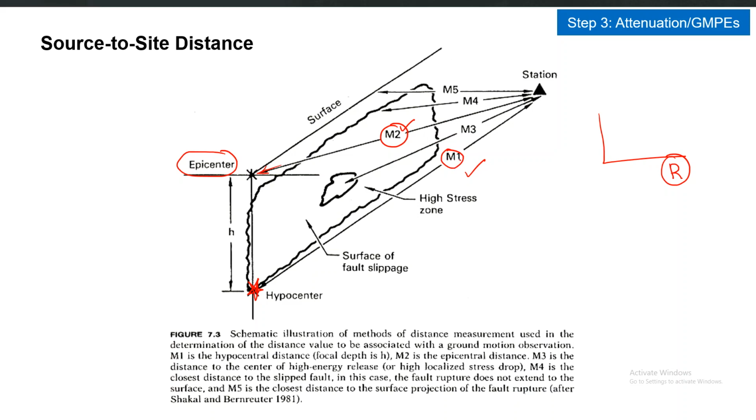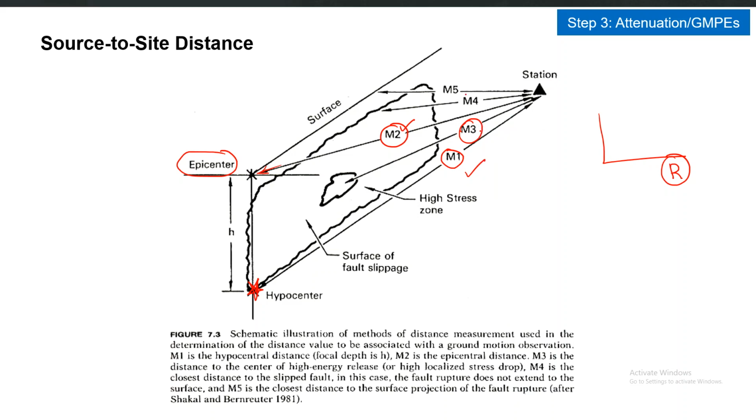For example, M3 is the closest distance to the center of high energy release. Here you have a high stress zone, although the rupture originally originated from the hypocenter, but you have a high stress zone within the rupture area, and it is the center of the high energy release. From that point, if you take the distance up to the station, that will be M3.